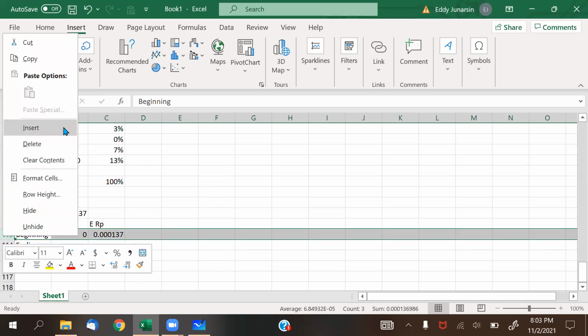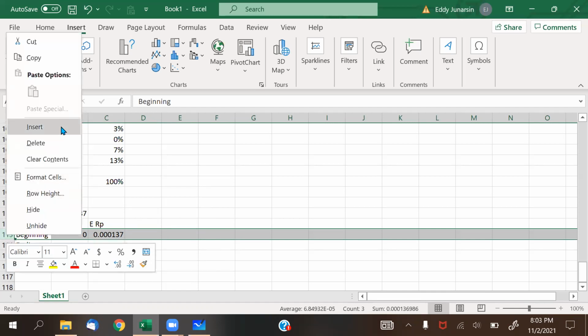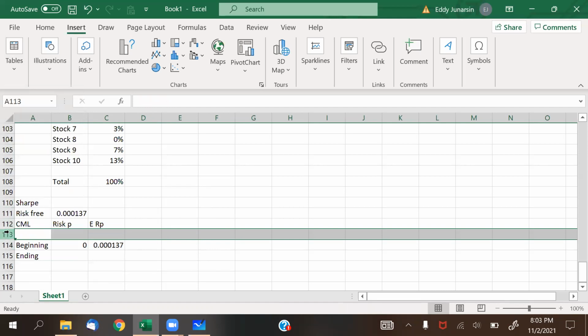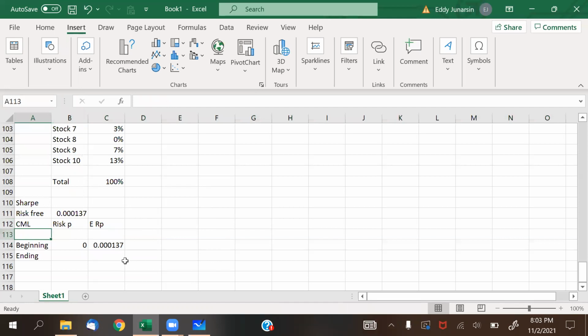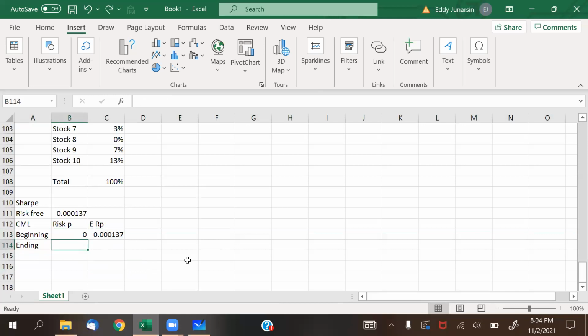Maybe it's more proper to do it this way. For the ending line, we can put in the formula first. I'm thinking how to do it more systematically. Maybe I'll do the ending first.